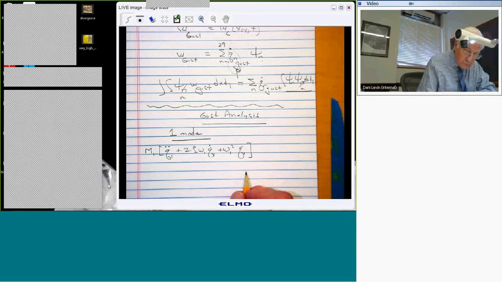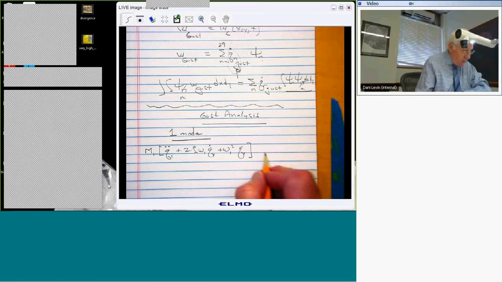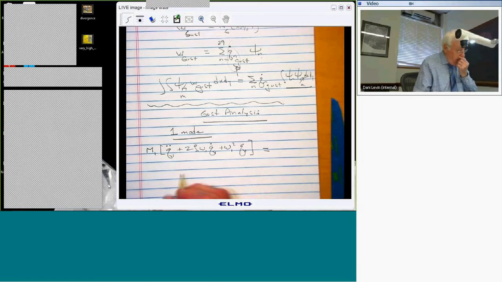And now the gust is this, and then the part due to the motion is this.